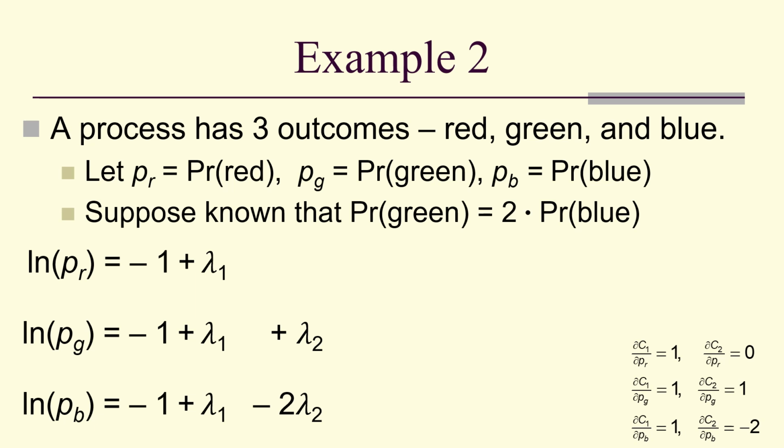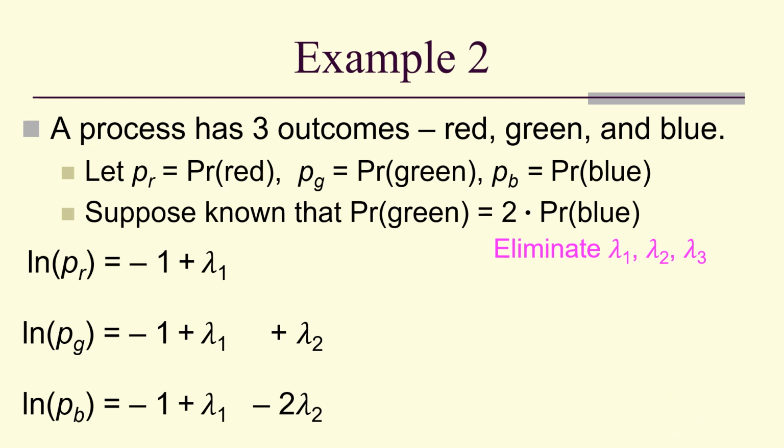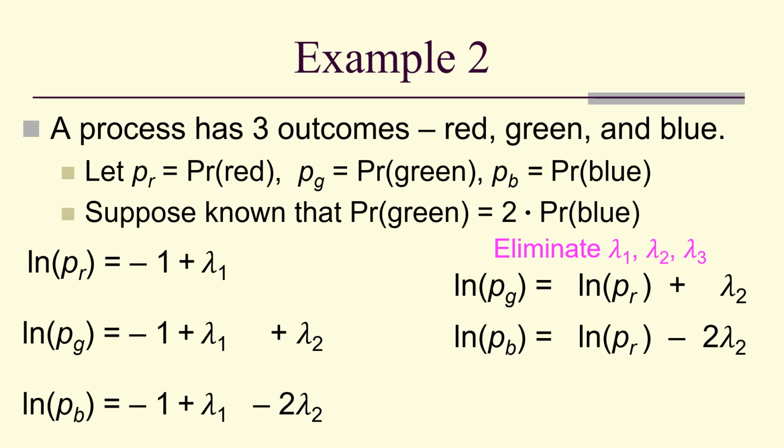So notice that we've got -1 plus lambda 1 in all 3, and we're going to use that as our first step in eliminating our Lagrange multipliers. So the natural log of P sub g is the natural log of P sub r plus lambda 2. That comes from that -1 plus lambda 1 common to both. And similarly for P sub b.